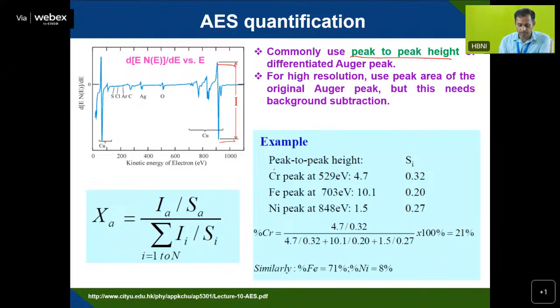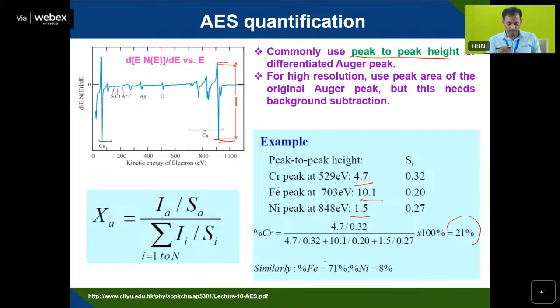You can see here the peak to peak height for chromium at 529 electron volt is 4.7. The Fe peak at 703 is at 10.5, and nickel is 1.5, and this is the sensitivity factor S_i. So you can see the percentage of chromium is given by this equation, and you can find out the chromium concentration in a particular sample. Similarly, iron or nickel, all those elemental compositions can be found out if you measure the peak height.